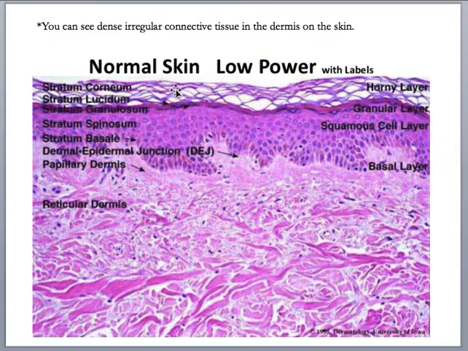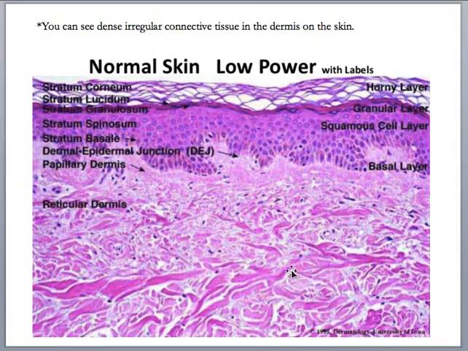Look, this would be that keratinized layer that I was discussing. When I was mentioning stratified squamous epithelium, you might see that dead layer on top. But all of this is stratified squamous epithelium of the epidermis. And then look, below, this is all dense irregular connective tissue, densely packed together, and all the collagen fibers are oriented in all different directions.